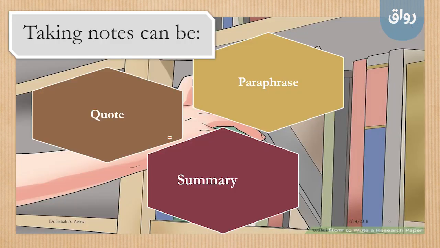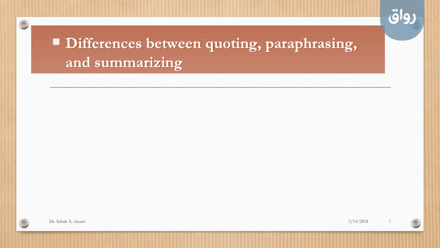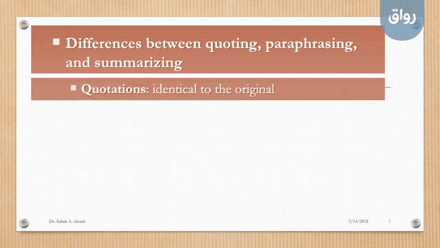So, note-taking can take 3 different shapes. It can take the form of a paraphrase, a quote, or a summary. Differences, as you can see, quotation means you take exactly what is found in the reference. That is to say, what you take is going to be identical to the original.